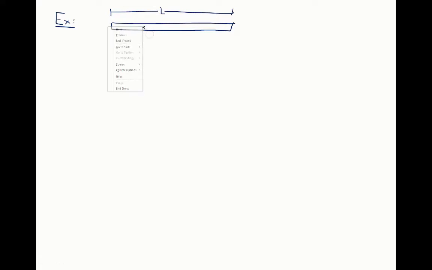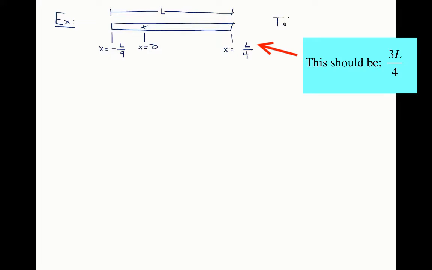We have a rod of length L, but I'm going to put the axis of rotation a quarter of the way into the rod. So x equals 0 is going to be right here. This end of the rod is x equals minus L over 4, and this end of the rod is x equals L over 4. And the total mass of the rod is m.